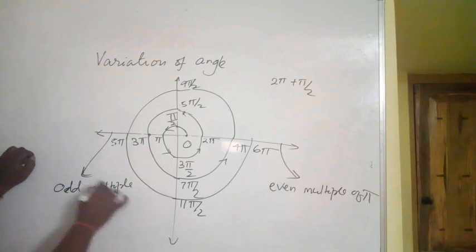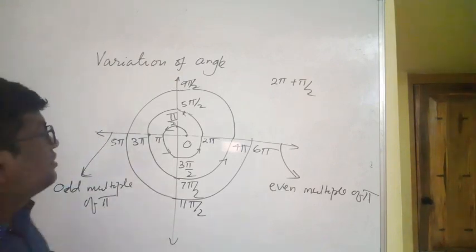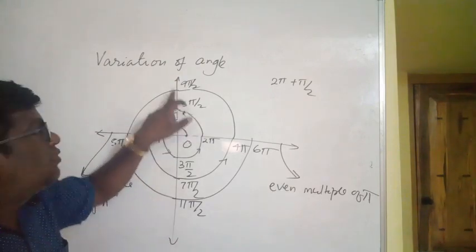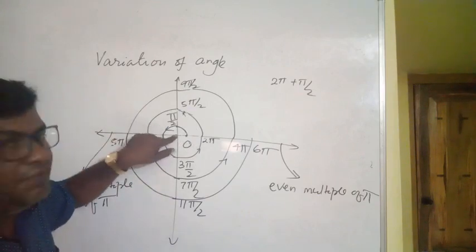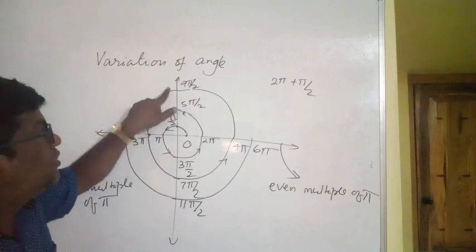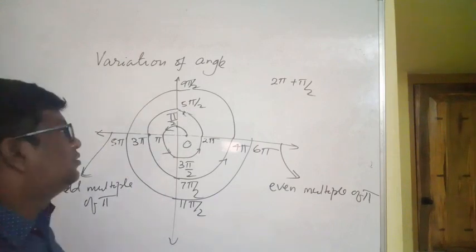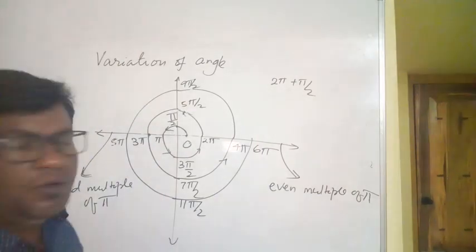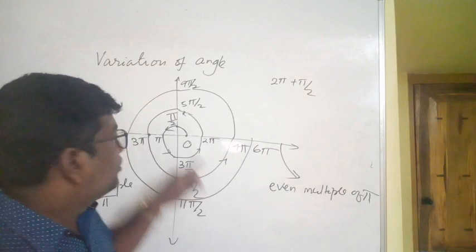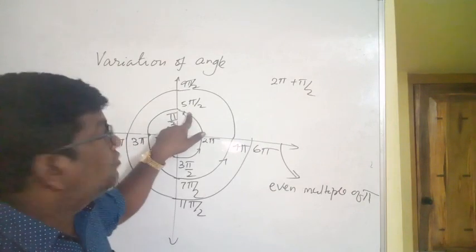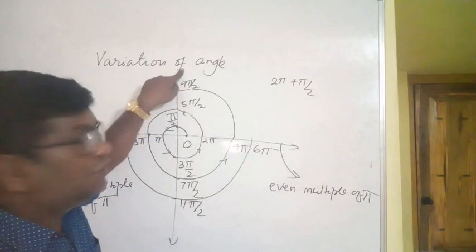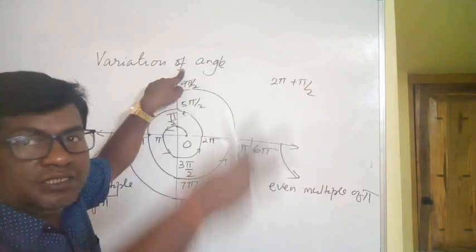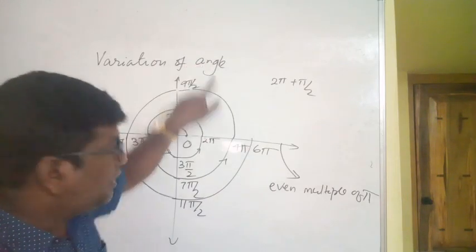Here it is pi by 2, 5 pi by 2, 9 pi by 2. What is the gap? The gap is 4, starting from pi by 2. Pi by 2, 5 pi by 2, then add 4, 9 pi by 2, then add 4, 13 pi by 2, then add 4, 17 pi by 2, like this.